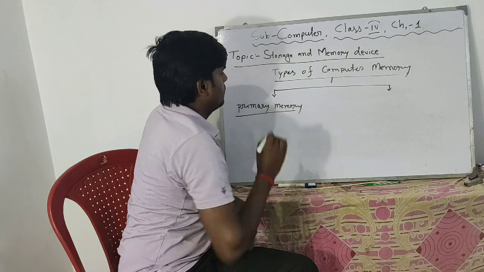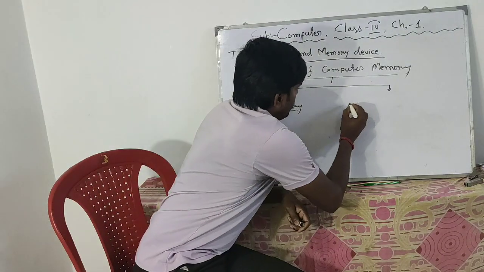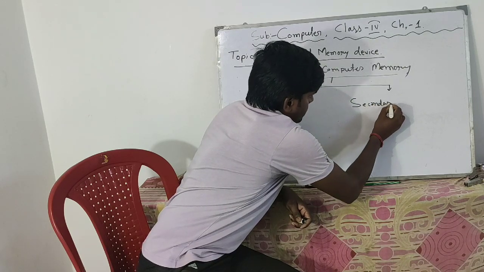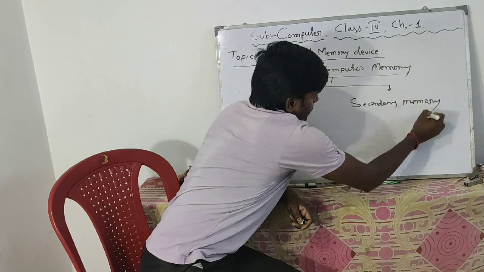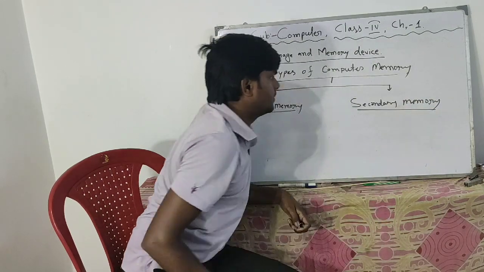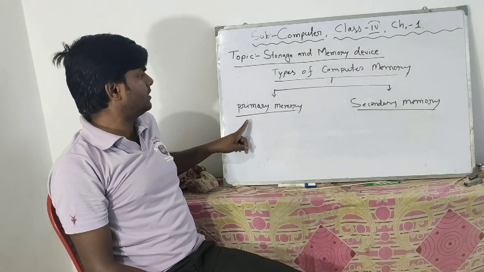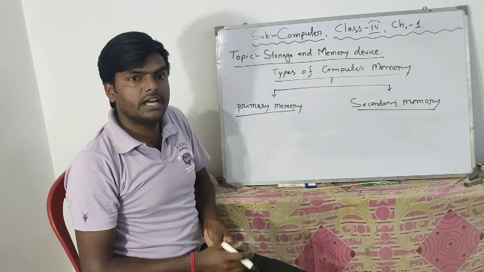And second one, secondary memory. Clear? So there are two types of computer memory. First one, primary memory. Second one, secondary memory. Clear?